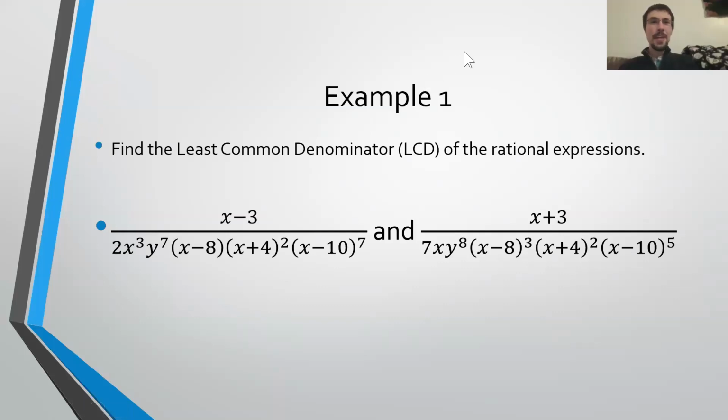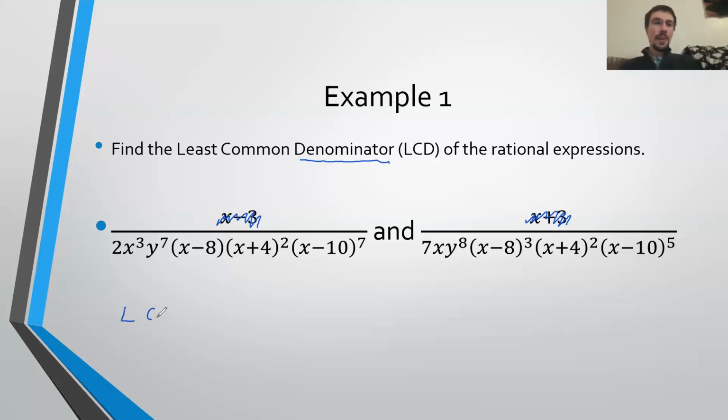It says, find the least common denominator, or LCD, of the rational expressions with these two giant fractions. First of all, since we're finding the least common denominator, we can ignore the numerators or the tops of the fractions. They're not going to have anything to do with anything in your answer.